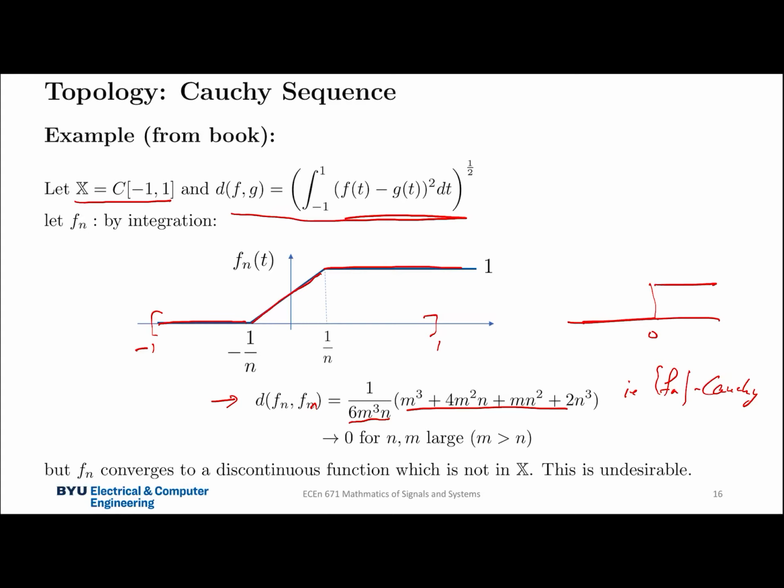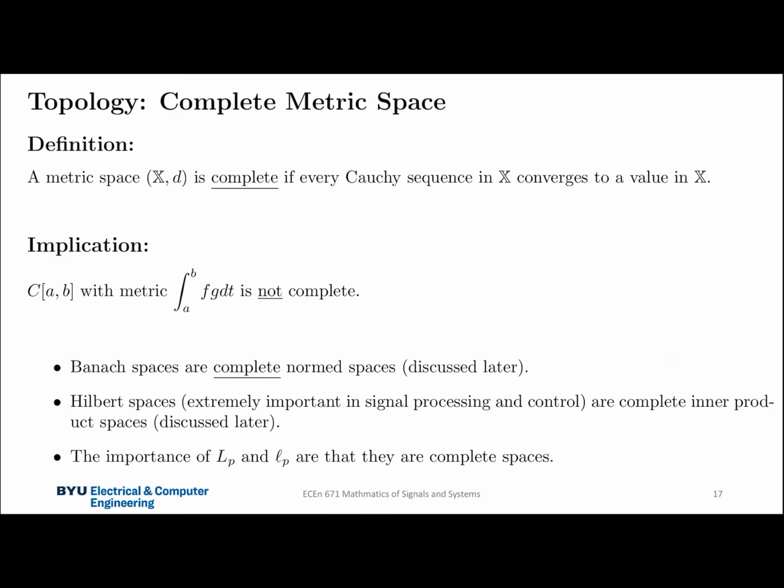And so it's converging to a discontinuous function, which is not in our capital X. So again, this metric space that consists of the continuous functions and this metric is in some way defective, because we can have these Cauchy sequences that don't converge to an element inside of that space. All right, so that leads to the definition of what we call a complete metric space.